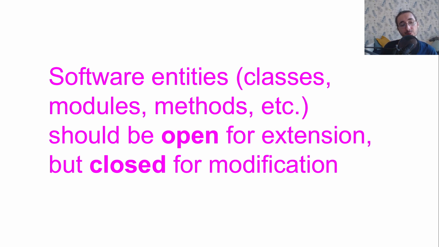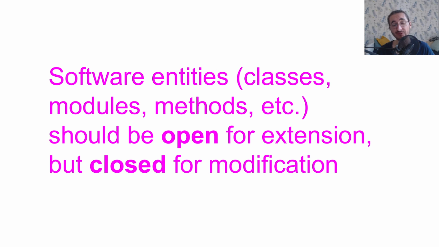The open-closed principle says that software entities, for example, classes, modules, methods, or functions, should be open for extension but closed for modification. This means that if you have code with a bunch of software entities that have certain functionalities and you want to add a new functionality, what you shouldn't do is modify a current entity that you have.